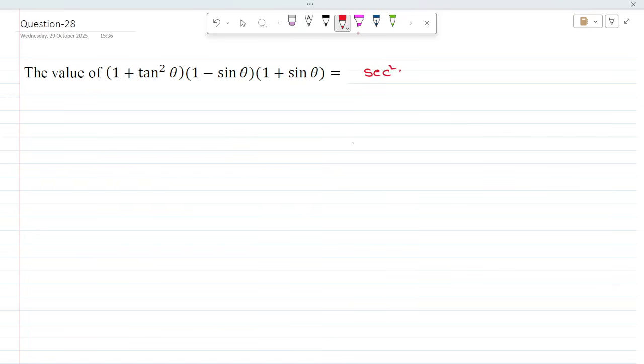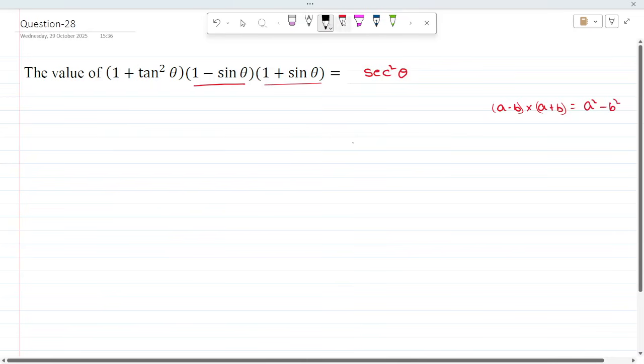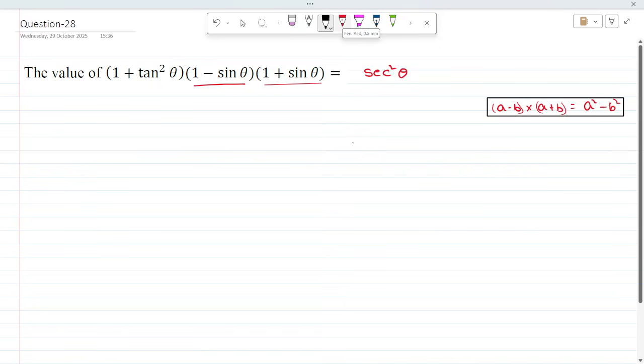Secant square theta. Before doing anything, this looks like a minus b into a plus b. What is a minus b into a plus b value? It is equal to a square minus b square. If I write an exam, I will write all these points in my answer sheet. So what will be your answer here?